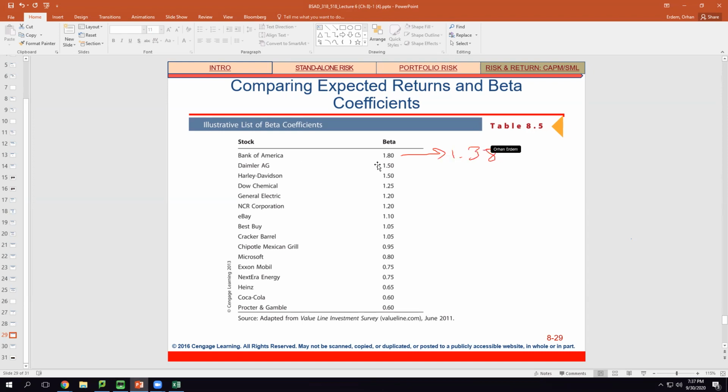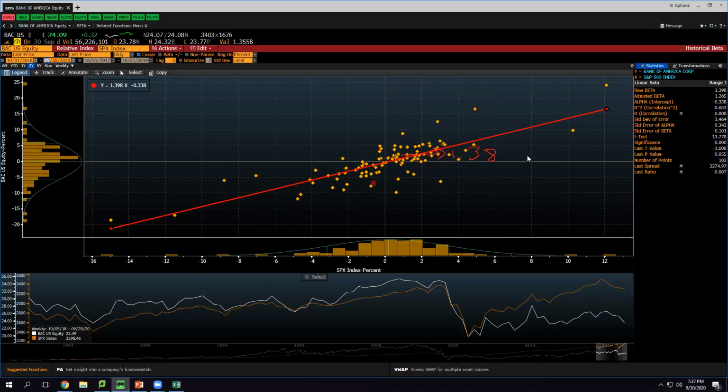Please make sure that you understand this from the Bloomberg screen too, because I might give you a screenshot of any company and ask you what the beta of this company is. You would understand it either by looking at here or by looking at here, they're the same numbers.